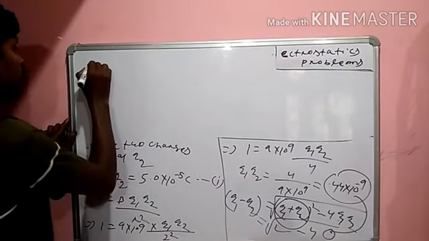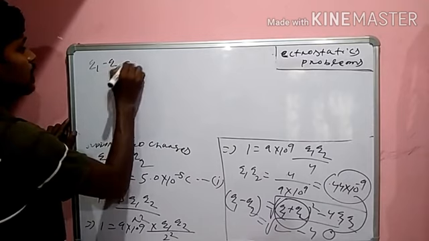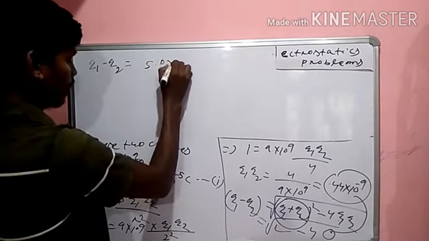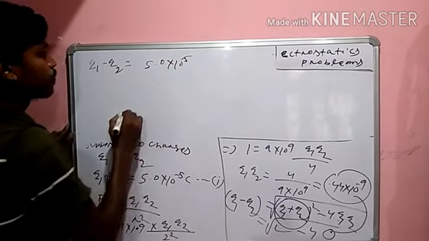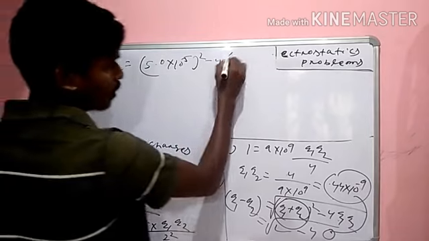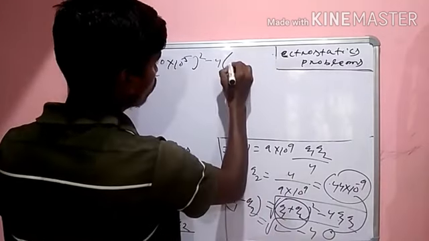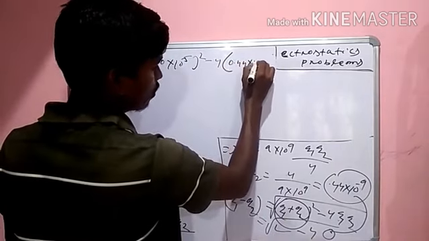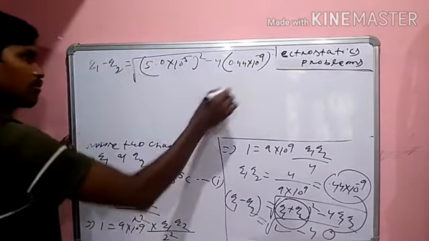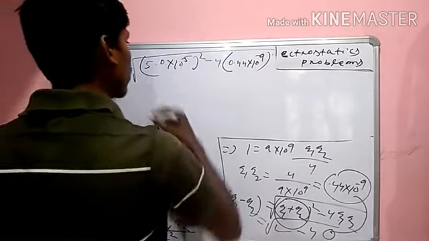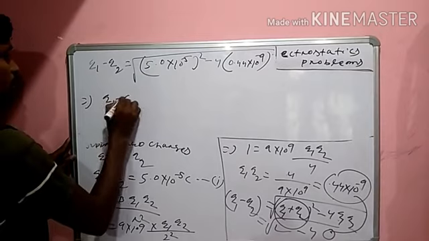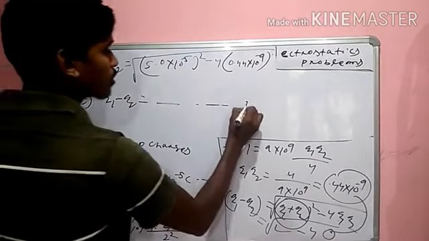So Q1 minus Q2 is the root of 5.0 into 10 to the minus 5 whole square minus 4 into 0.44 into 10 to the minus 9. You can calculate this and find Q1 minus Q2. This is equation 2.